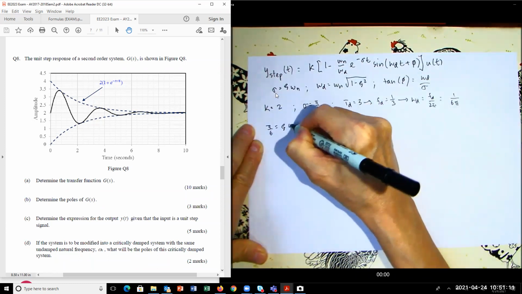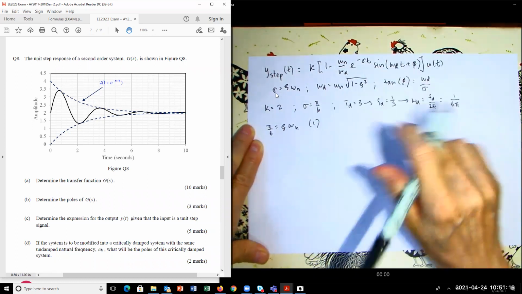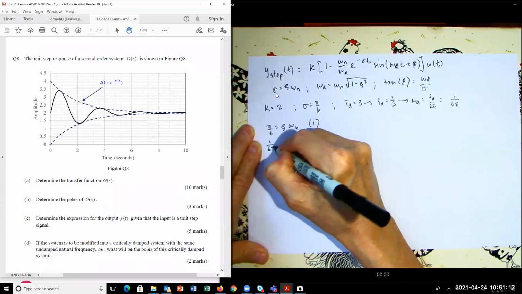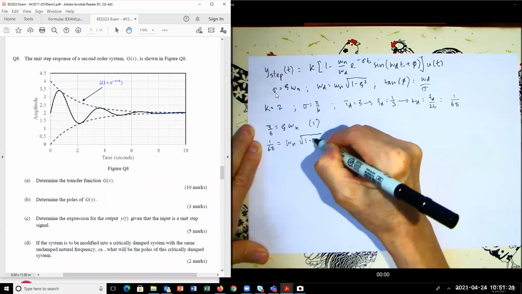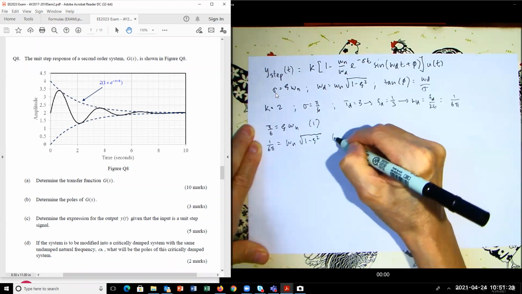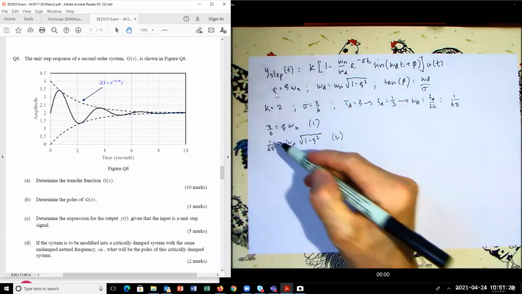So that is equation 1. Then equation 2, omega d is 1 over 6 pi is omega n square root of 1 minus zeta squared. This is equation 2. So from these two equations, you can find zeta and omega n because there are two unknowns, two equations.